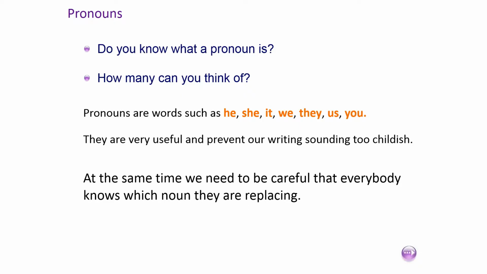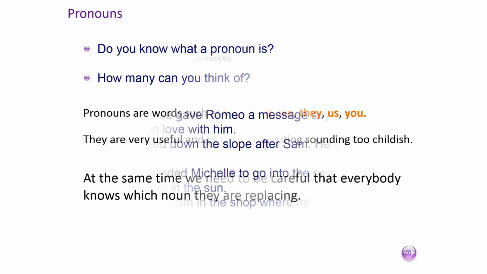They're very useful and they prevent our writing sounding too childish, so we're not repeating the noun all the time, because they're used to replace a noun. However, at the same time, we need to be very careful that everybody knows which noun they're replacing.